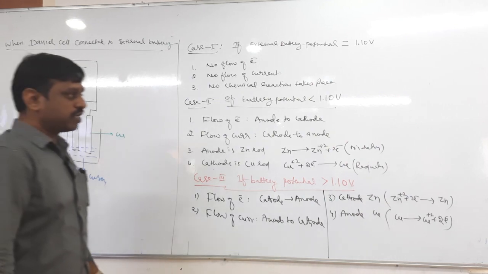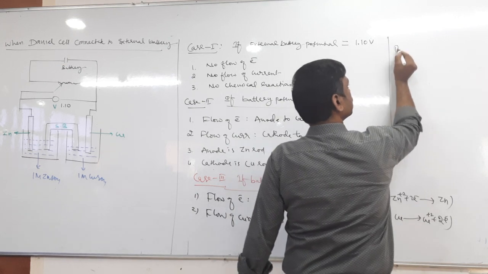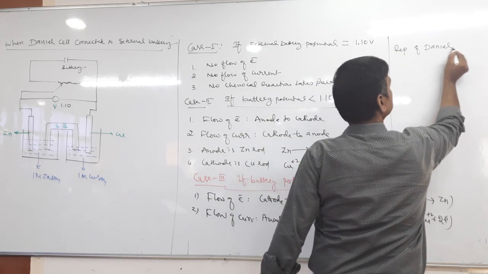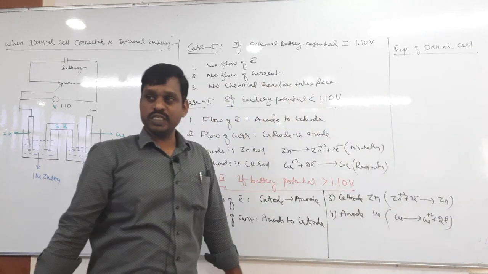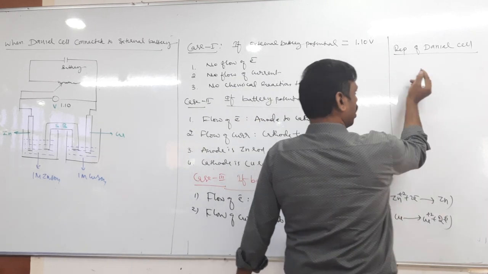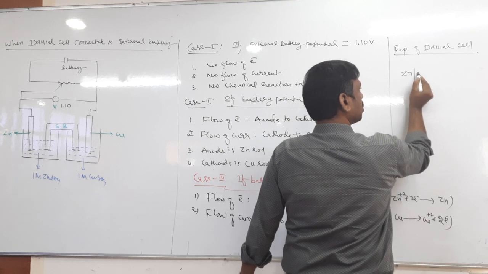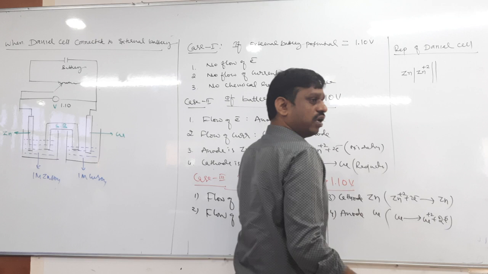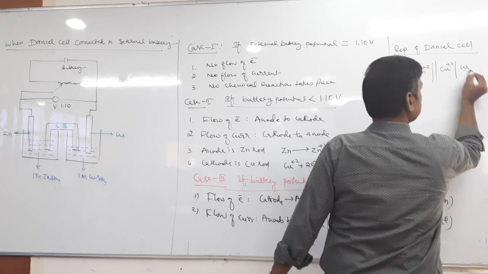Next is representation of the Daniell cell. So how is the Daniell cell represented? In the representation of any cell, the oxidation half cell should be written first, no? Zn vertical line Zn2+, double vertical line, Cu2+ again vertical line Cu.